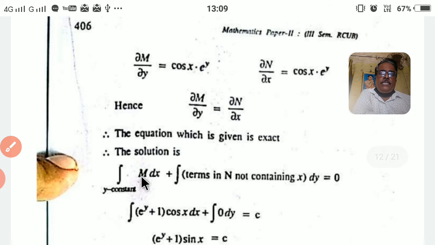Again we consider the same formula, that is the integration of M dx keeping y constant, plus the integration of terms of N not containing x dy equal to 0.